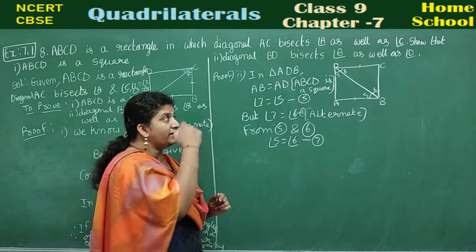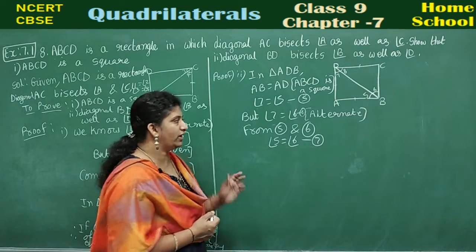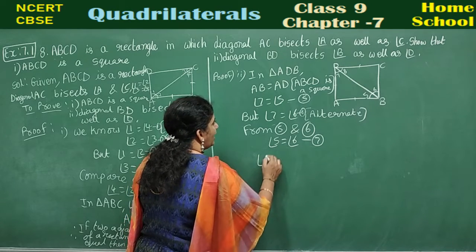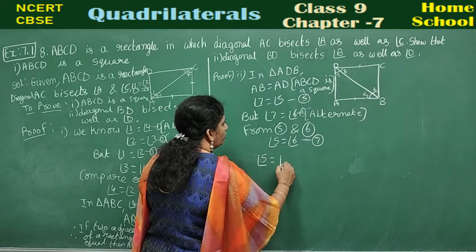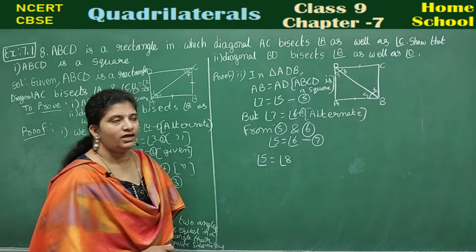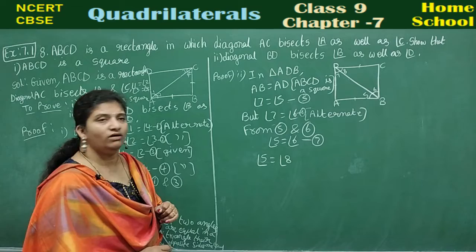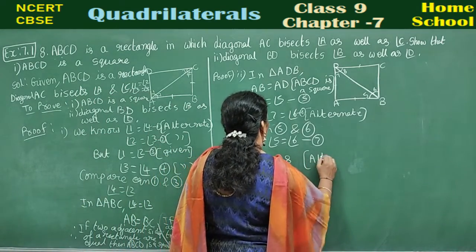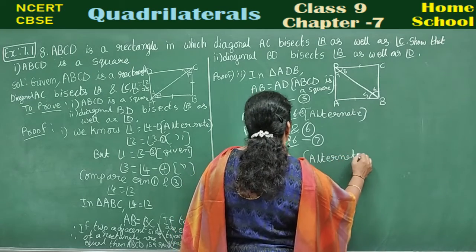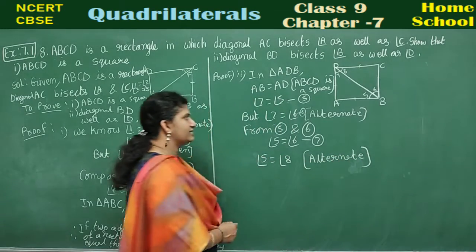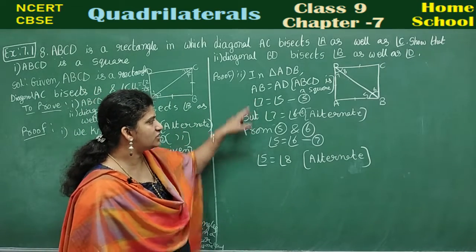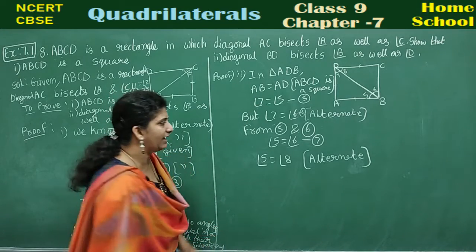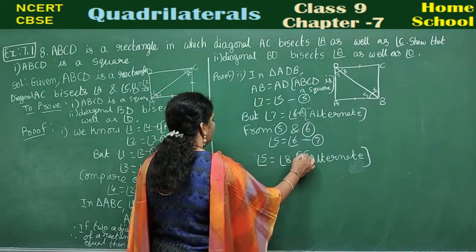Not only angle B, I should prove angle D also now. What do we know here, children? I say that angle 5 is also equal to angle 8. Alternate angles, right? I know that. But if I compare these two, I say angle 7 is equal to angle 8. That means it is bisecting angle D. Mark this as 8.